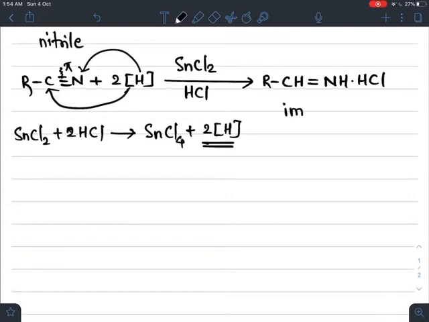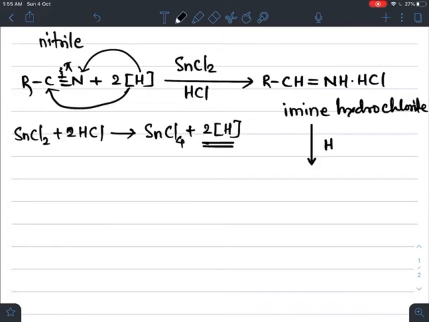This is imine hydrochloride, which is the intermediate.